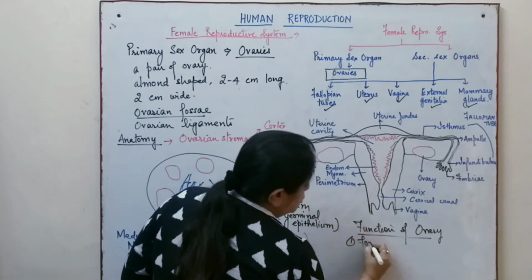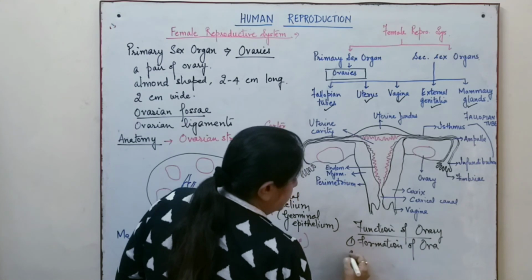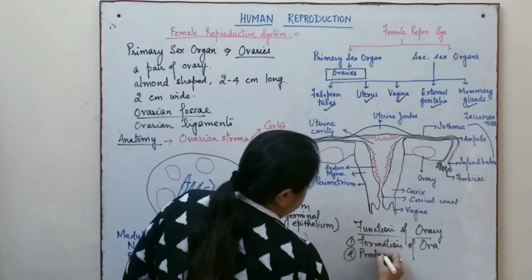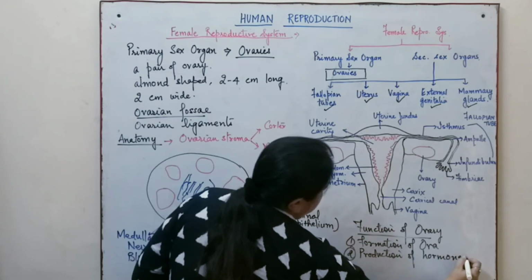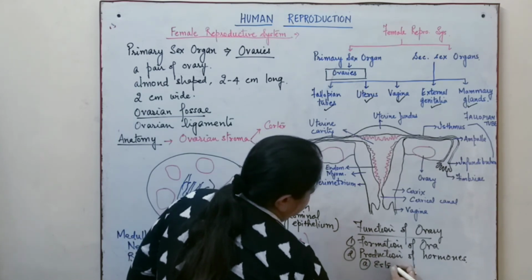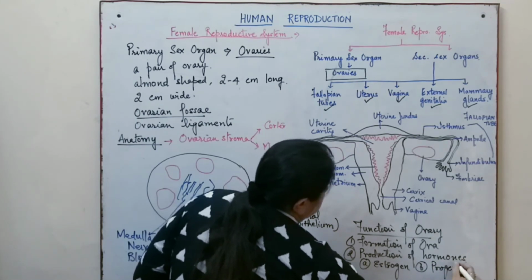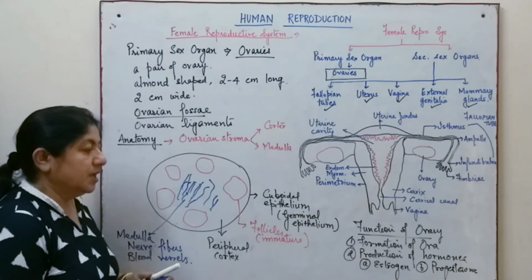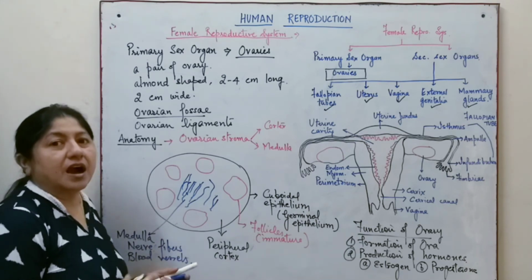Apart from these, it also releases certain other hormones, but the major ones are estrogen and progesterone. Estrogen is important for the menstrual cycle, that is the formation of the ova, whereas progesterone is responsible for the maintenance of pregnancy after fertilization.